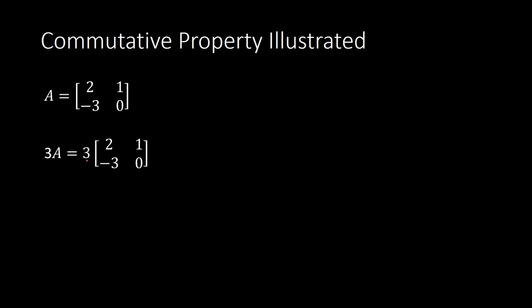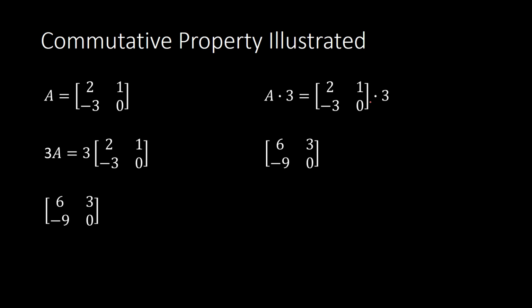So if I do 3 times 2, I get 6, 3 times 1, I get 3, 3 times -3 is -9, and 3 times 0 is 0. Or I can do A times 3, where I multiply by 3 after. So I do 2 times 3, 1 times 3, -3 times 3, and 0 times 3 to get this same resulting matrix.